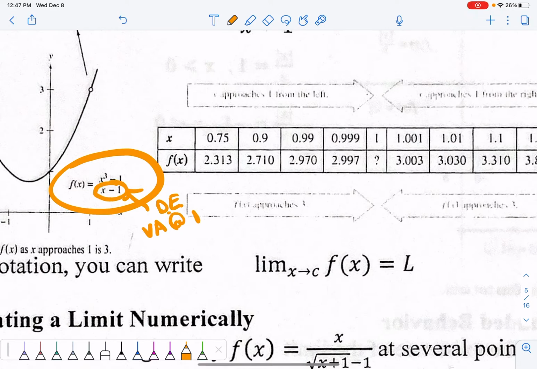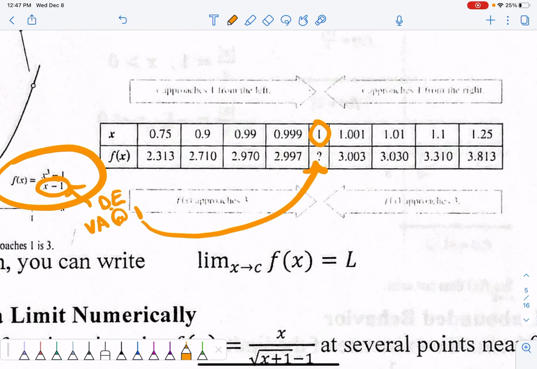Setting that denominator equal to 0, we cannot have a value of 1. So what we're doing is we're trying to find the limit at 1. So we plug in x's that are really close to 1. We can't plug in 1 exactly because it's going to end up giving me 0 in the denominator, and we can't have that, right? So that's why we have this question mark here. So rather than plugging 1 in, which we can't do, we plug in numbers that are really close to 1, okay?